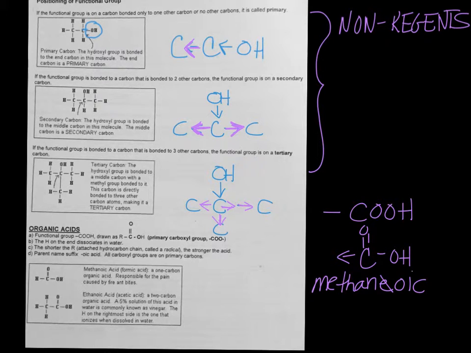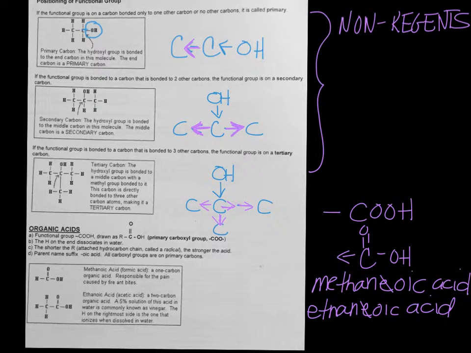So this is methanoic, and then you just add the acid to the end to indicate that it contains the functional group COOH. In the second one, you can see that there's two carbons, so that is ethane. We drop the E, add oic, and then acid.